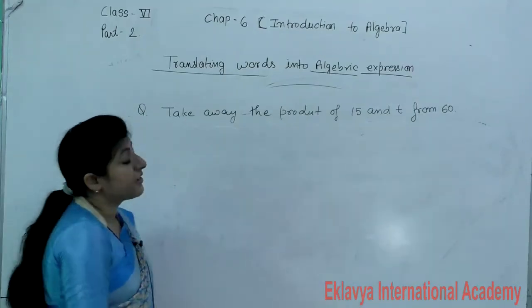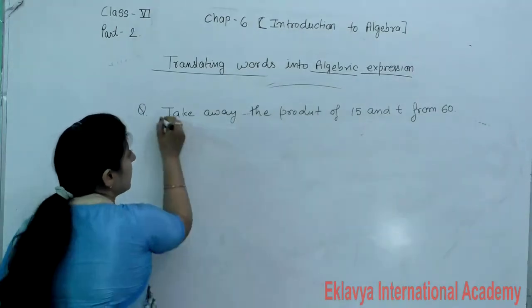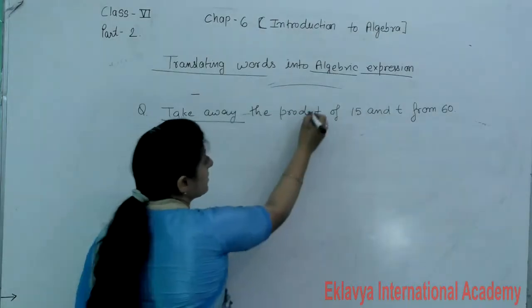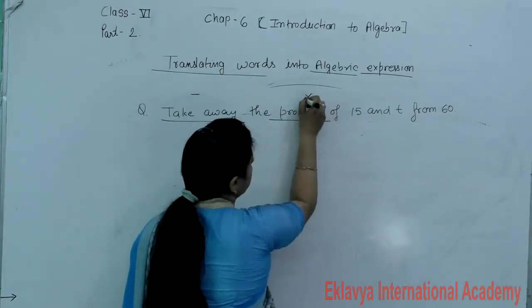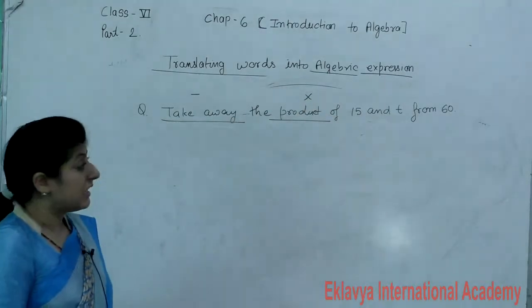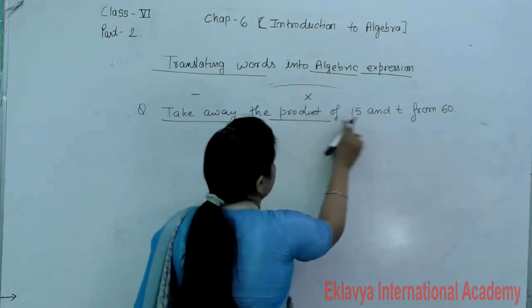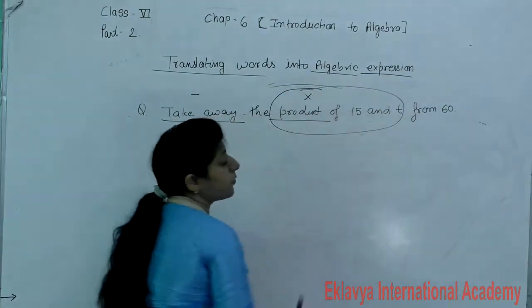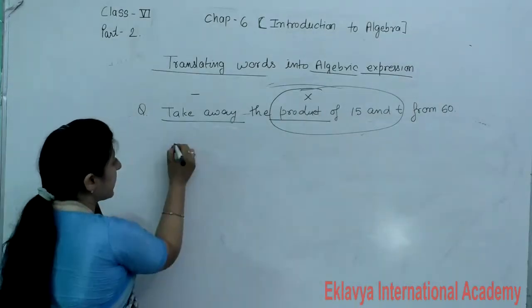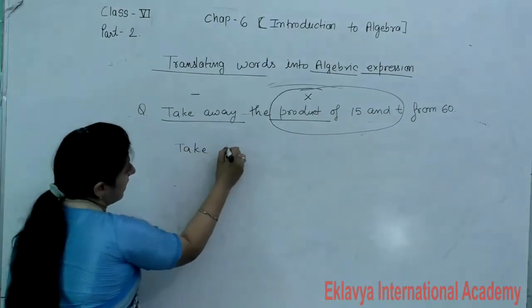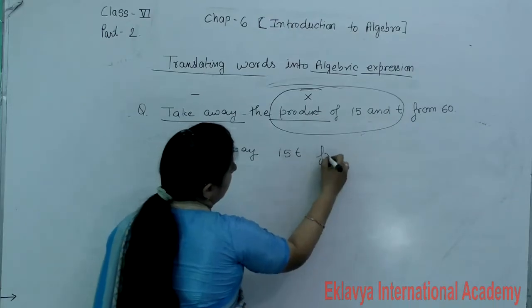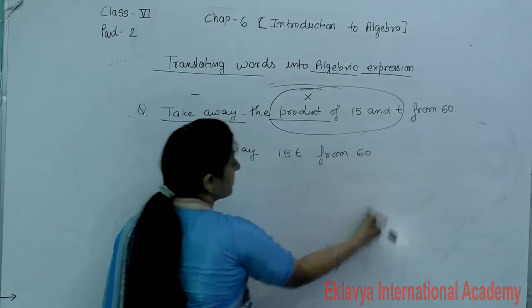Take away also shows subtraction. Product shows multiplication. Firstly we solve this 15 and t product. So in the next step it becomes take away 15t from 60.